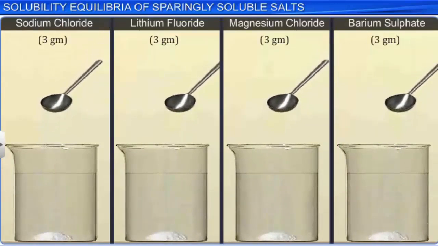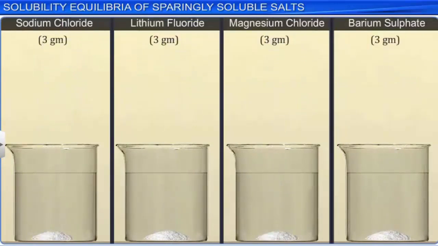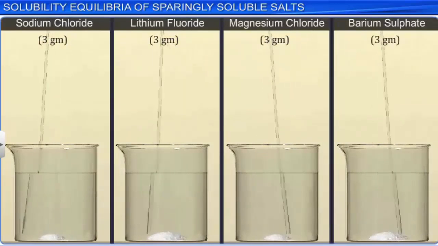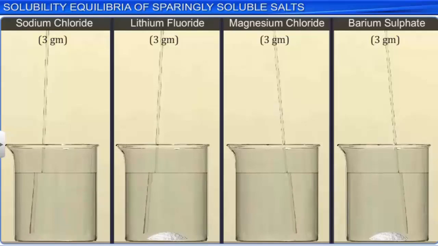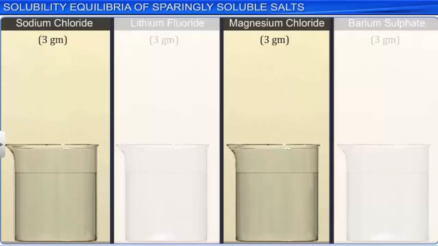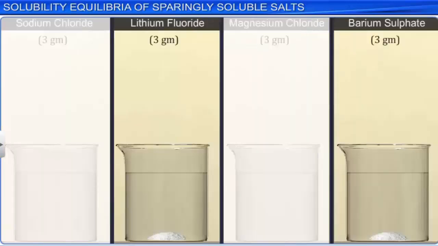What do you expect to happen? You observe that the salt in the beakers containing the solutions of sodium chloride and magnesium chloride dissolve completely, while the other 2 beakers still contain large amount of undissolved salt.